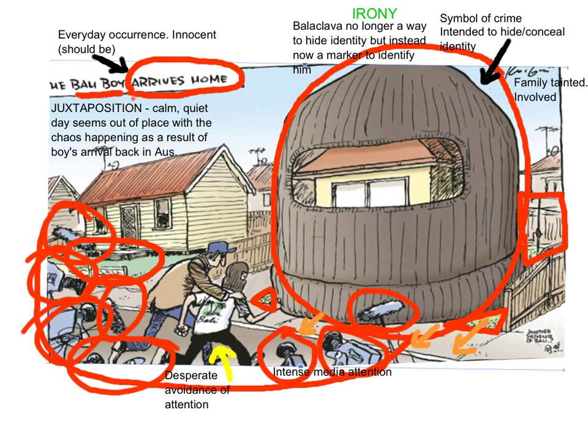So by this balaclava coming out from the private house onto the footpath, you could perhaps suggest that this matter, which is essentially a very private one, has been shifted and has been moved into the public realm by the media themselves.